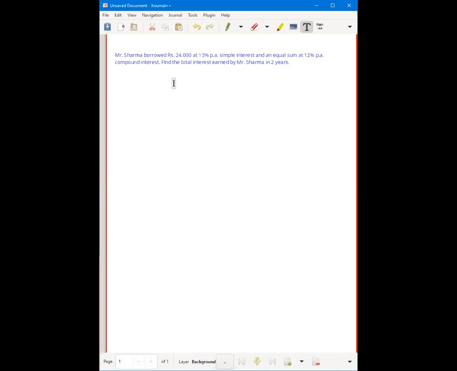Find the total interest earned by Sharma in 2 years. Read the question again. They're just telling you to find the interest for one sum at 13% simple interest for 2 years, and for the other, the same sum at 12% compound interest for 2 years. That's all they're telling you to do. Quickly solve this.